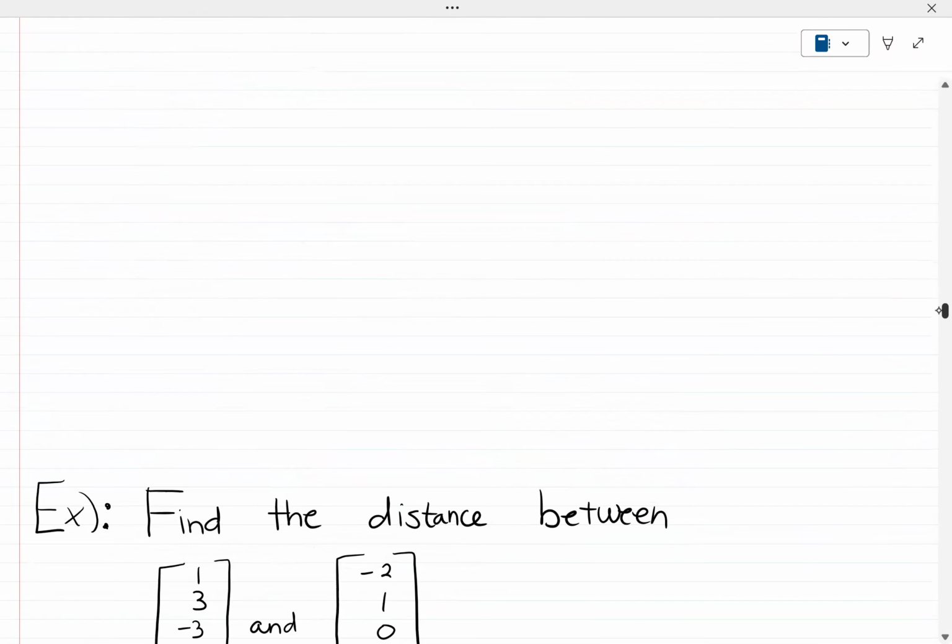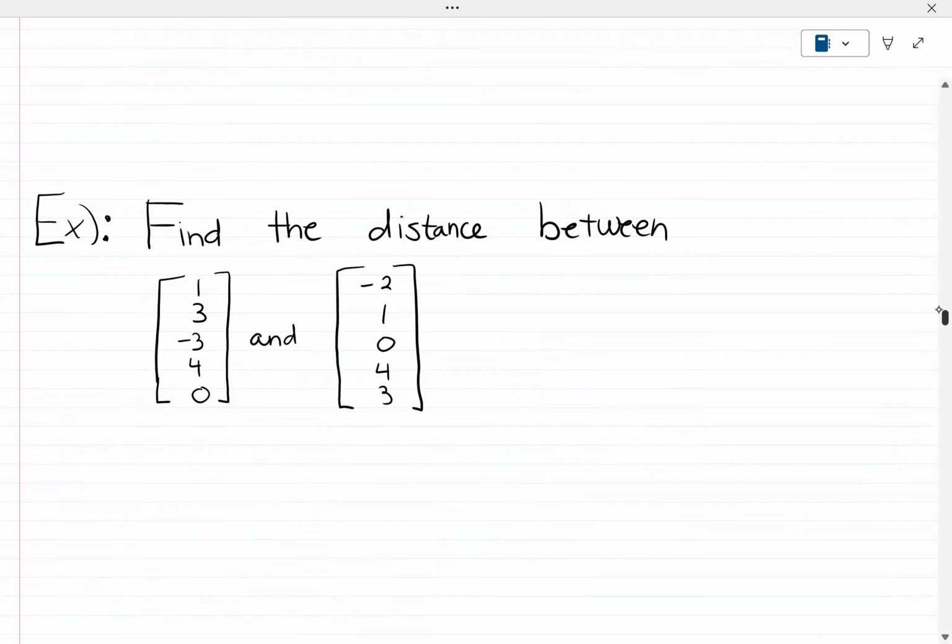Okay, so let's do an example. Find the distance between the two vectors. Okay, so you have these two vectors. Find the distance. So the distance is going to equal this number minus this number, squared.